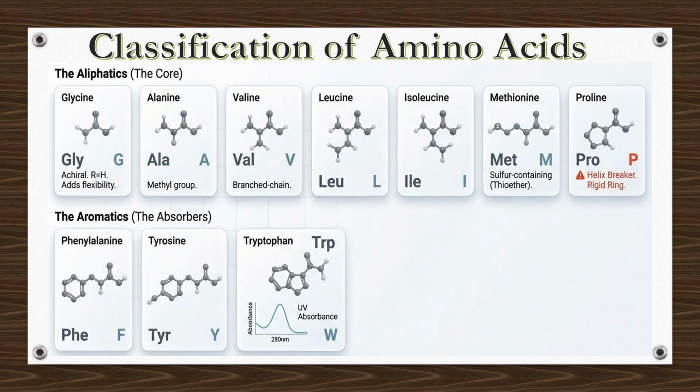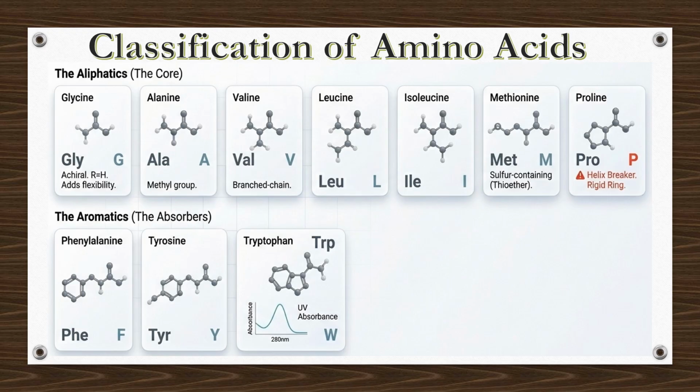These rings are mostly hydrophobic but can also participate in special interactions. Phenylalanine is purely nonpolar and often buried in protein cores. Tyrosine resembles phenylalanine but has a hydroxyl group that makes it weakly polar and a target for phosphorylation in signaling pathways.